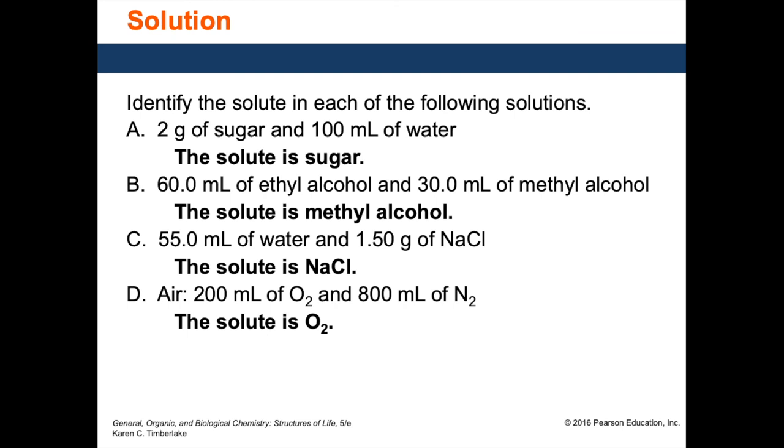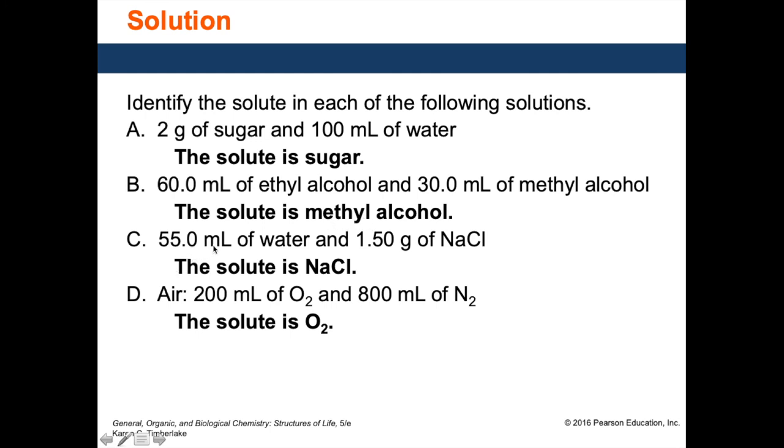Okay, there you go. In that first one, sugar is only 2 grams compared to 100 grams of water. Water has a density of 1 gram per milliliter, so 100 milliliters is the same as 100 grams. Here we have 60 milliliters of ethanol and 30 milliliters of methanol, so the solute is methanol.